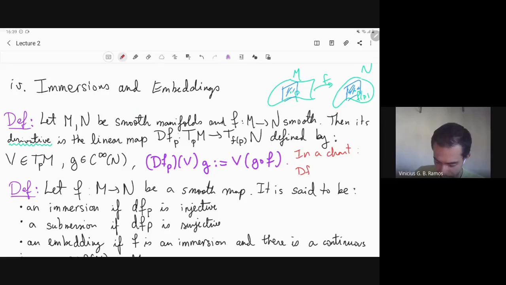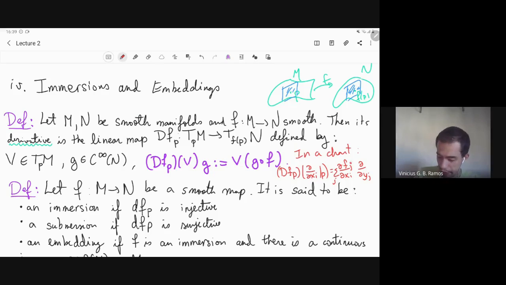So in a chart, you can basically write that dfp applied to d/dxi will be the sum over j of dfj/dxi times d/dyj.